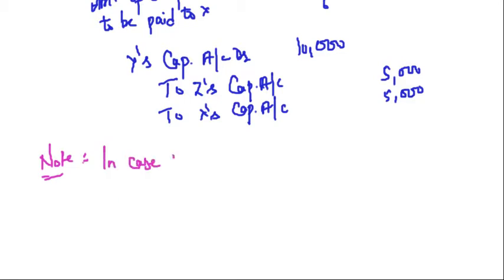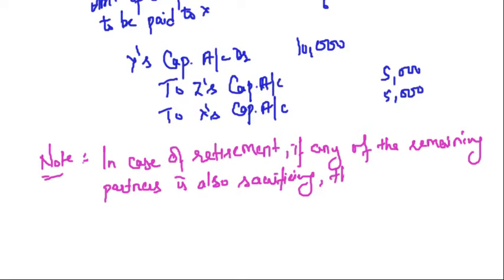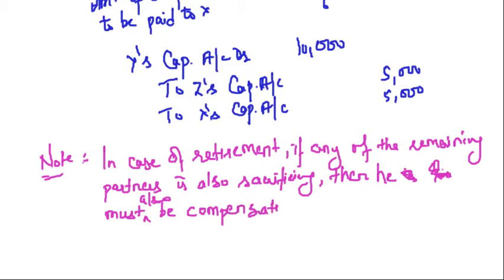In case of retirement, if any of the remaining partners is also sacrificing, then he must also be compensated by the gaining partners.